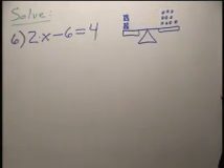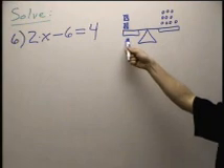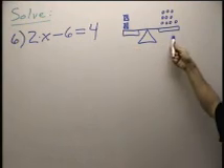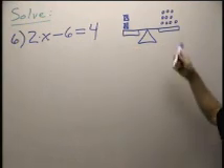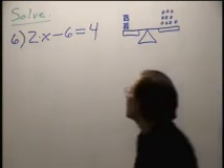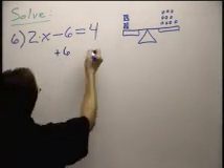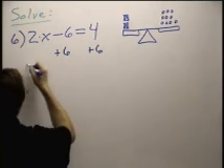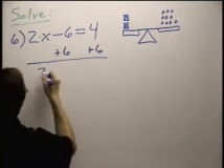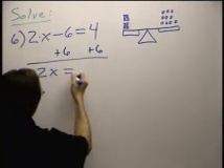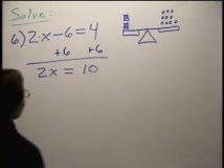Now we have 2 unknowns on the left, and on the right we have 10 items. So what we've just done is we added 6 to the left and right sides of the equation to get 2x equals 10.